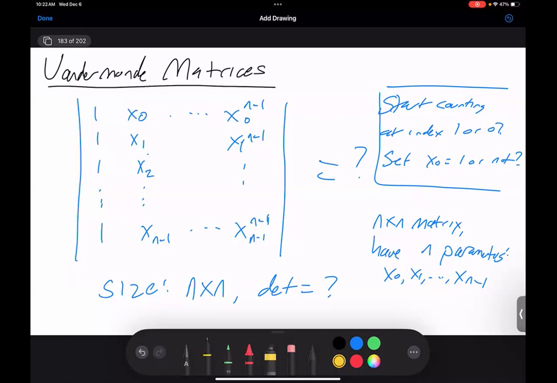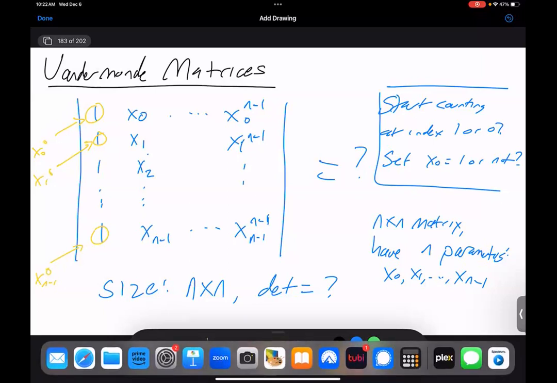I can view all of these as x naught to the 0th power, and this is x1 to the 0th power, all the way down to xn minus 1 to the 0th power. Yeah, I'm saying for me, x naught was equal to one. Right, and so you just had a very special case. But the reason we have all the ones in the first column is you can just view that as all the 0th powers. And so you give me different choices of the x's and I will get different quantities.